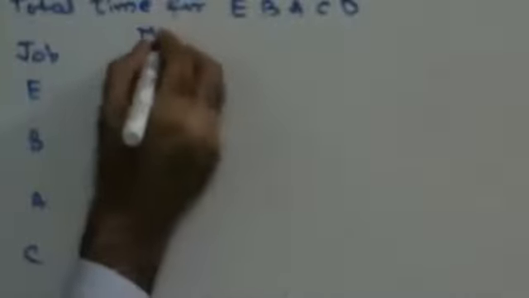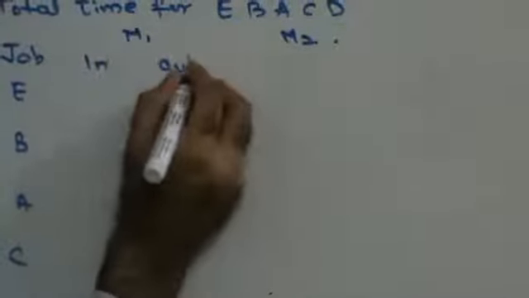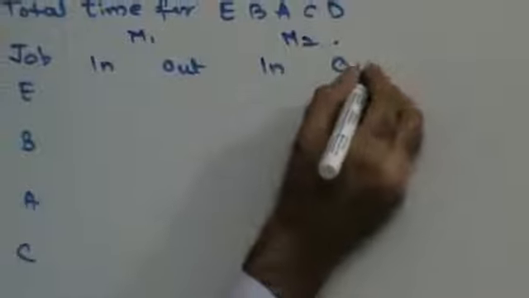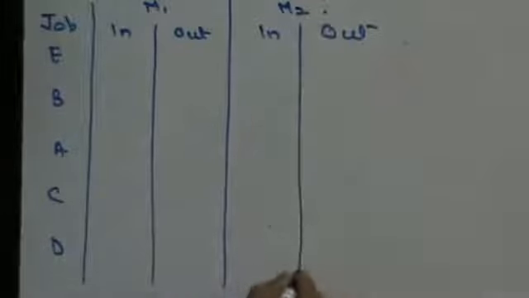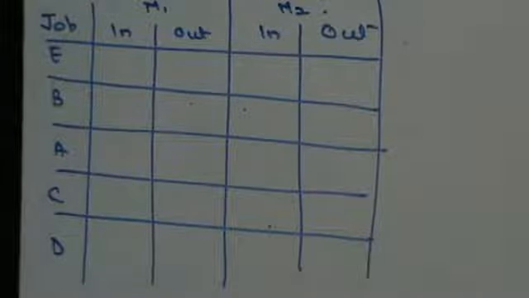You are doing this on two machines, machine 1 and machine 2. Time in, time out. You always start with 0 hours.